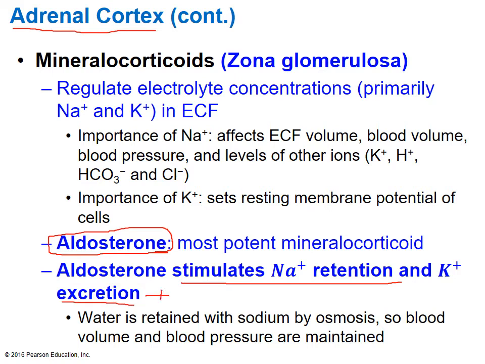And this statement is extremely important because that will piggyback to the bottom statement, which is basically that by regulating how many sodium and potassium ions there are, we can directly correspond and control our blood volume as well as maintain our blood pressure. So aldosterone is going to be our main hormone that we find in our zona glomerulosa, and it's going to be all about regulating our ion concentration so that we can indirectly control our blood volume and blood pressure.